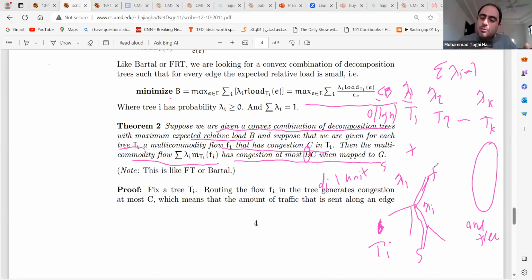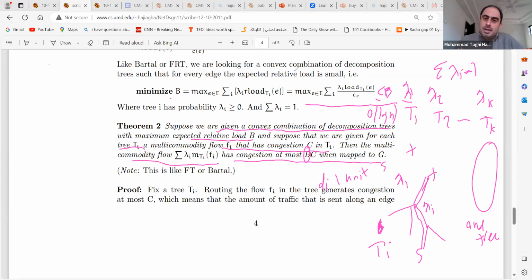You will consider the optimum, then map the optimum here, and you can say that the expected load here would be at most log n times there. This is the same way that I mentioned for bisection. You can also prove that this holds for this one. So this is the way that you get oblivious routing, and you get log n more congestion because you are routing through trees and not the original graph.